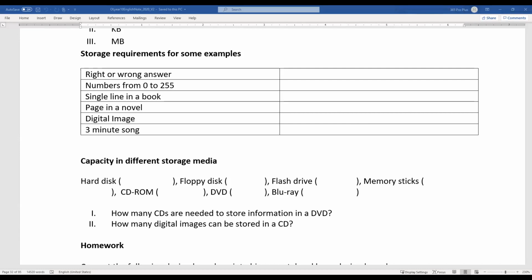So when you start, how many bits do you need to represent a right and wrong answer? That means you have two choices. We can represent using 0 and 1, let's say 0 for wrong, then 1. So you need one bit of information. One bit is enough.